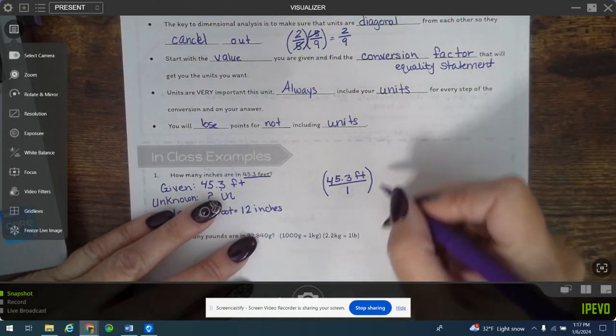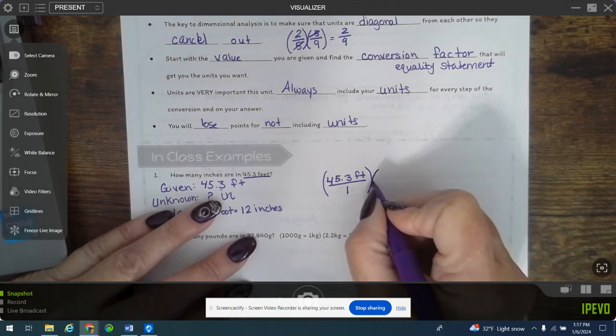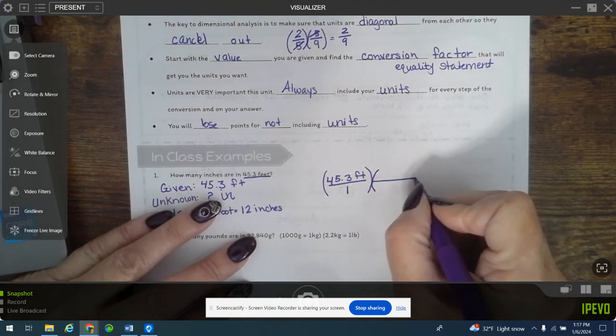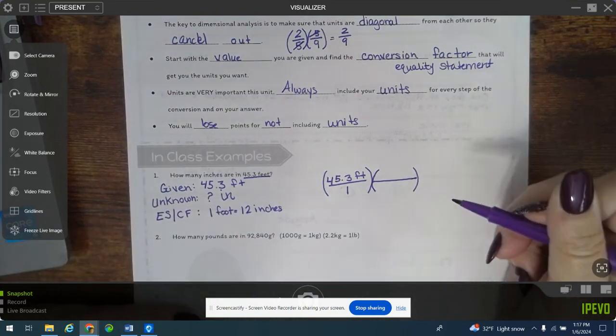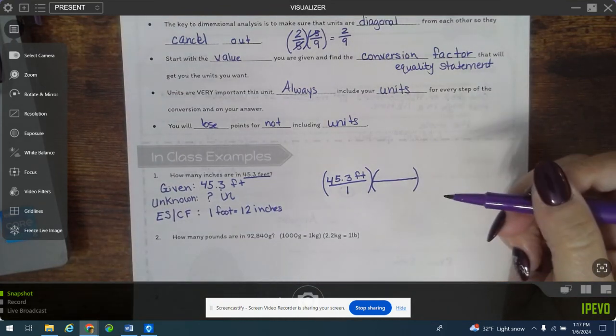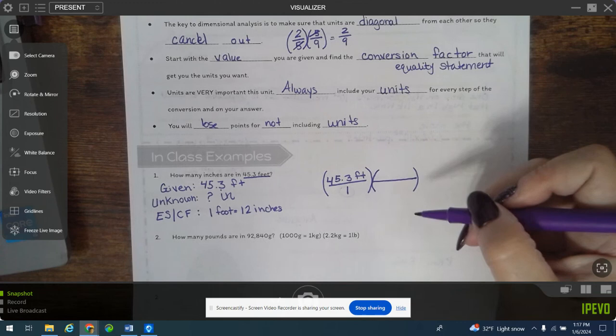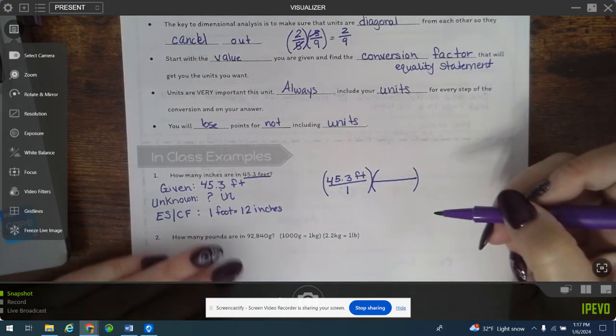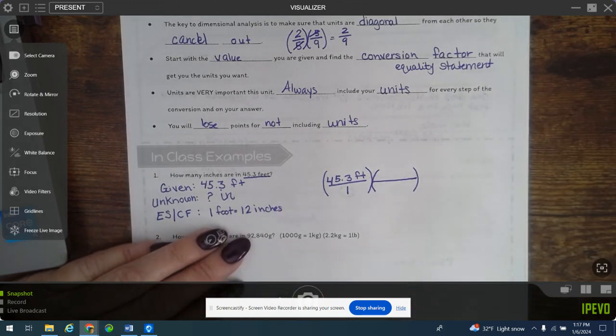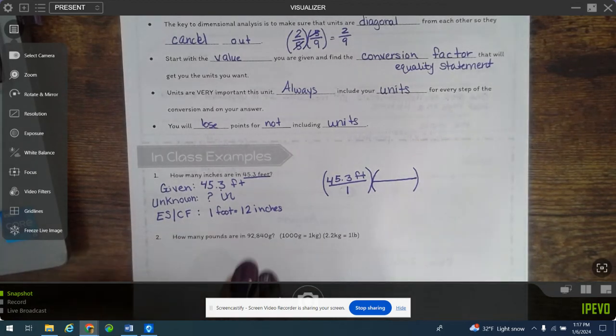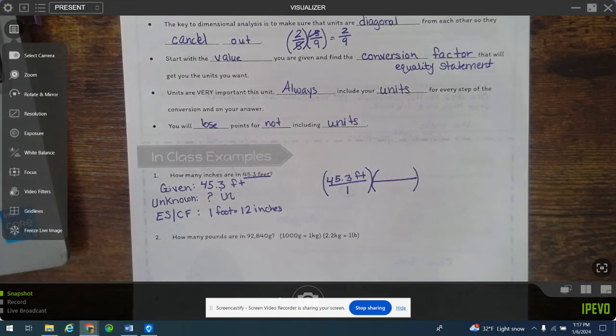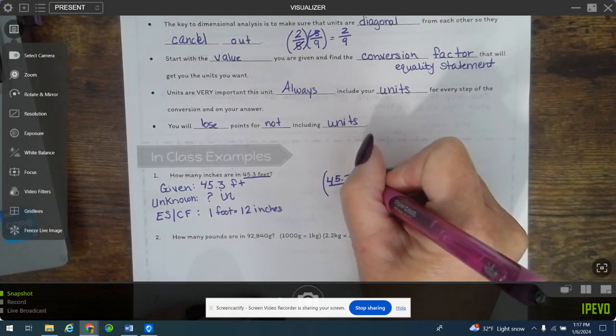All right, the next thing I'm going to do is put my conversion factor in here as a fraction. This is what I said earlier about multiplying by 1. So I have 1 foot is equal to 12 inches. We have to figure out what goes on the top and what goes on the bottom. The way that we do that is we look at this unit.